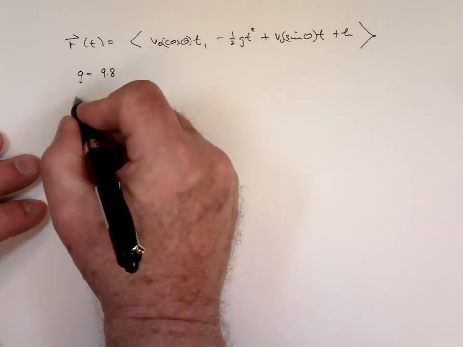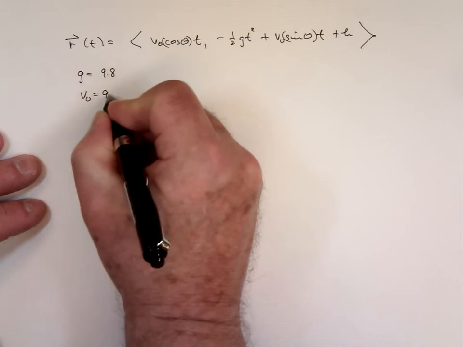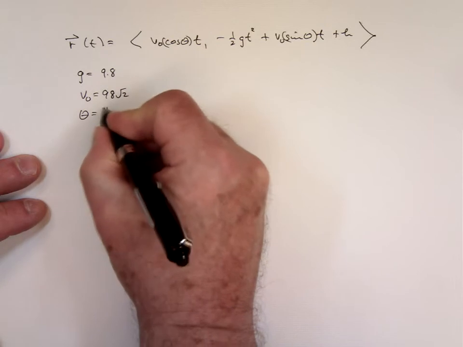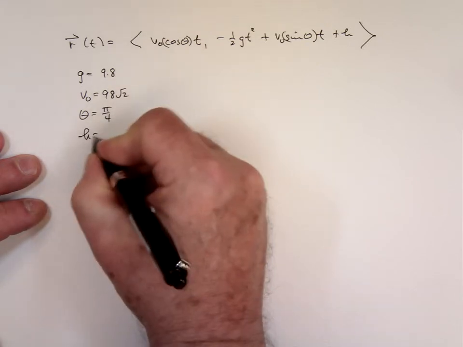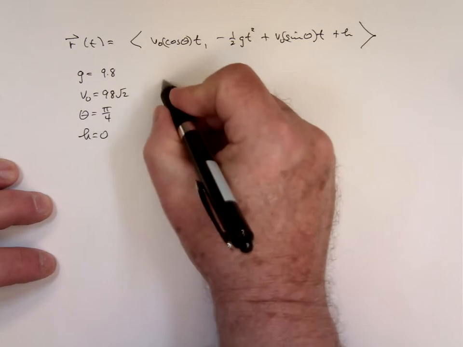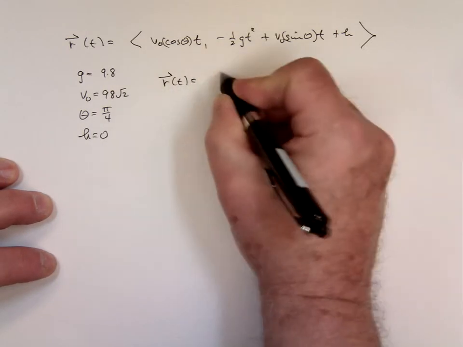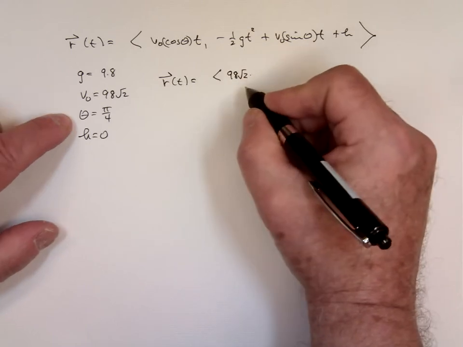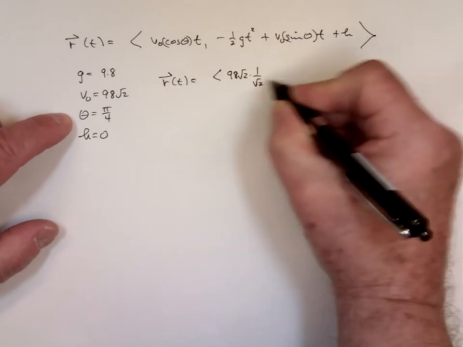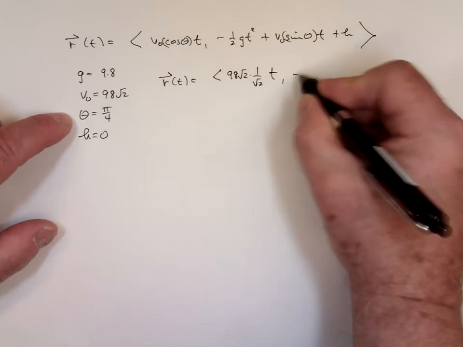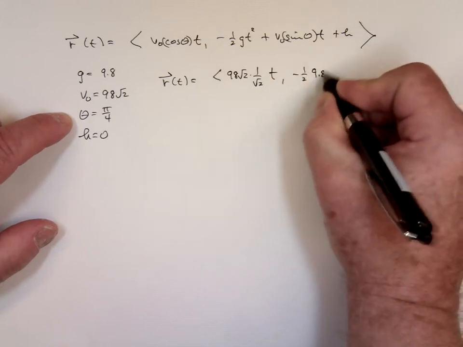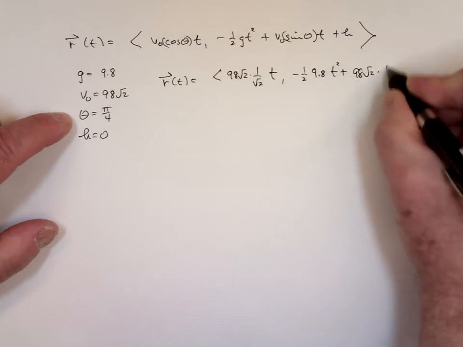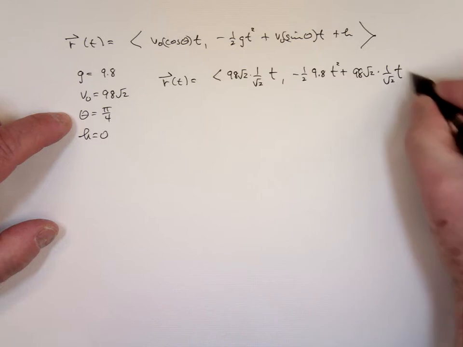V sub naught is 98 square root of 2. Angle theta is pi over 4. And h is equal to 0. Okay, so let's put all this information in to get 98 square roots of 2 cosine of 1 over the square root of 2 t, negative 1/2 of 9.8 t squared, plus 98 square roots of 2 times 1 over the square root of 2 t, and h is 0.